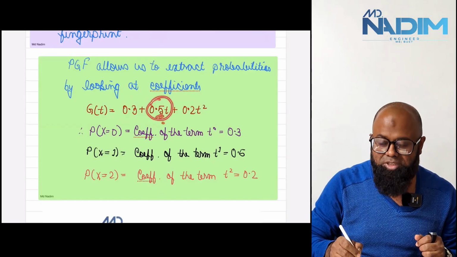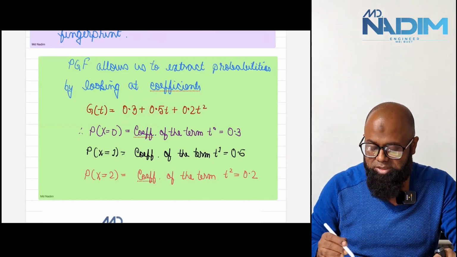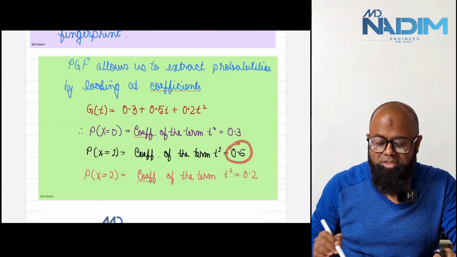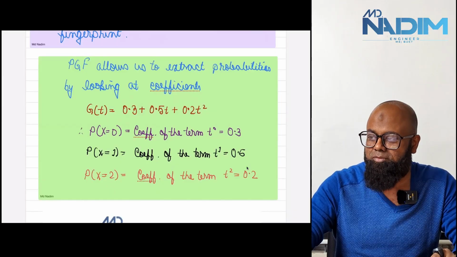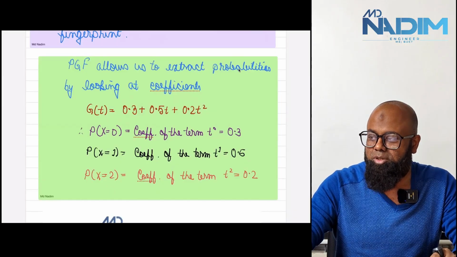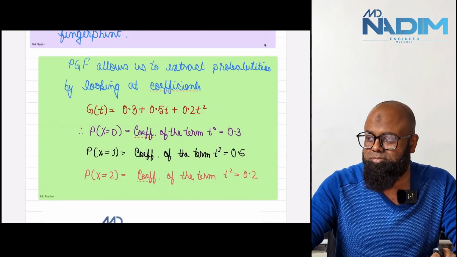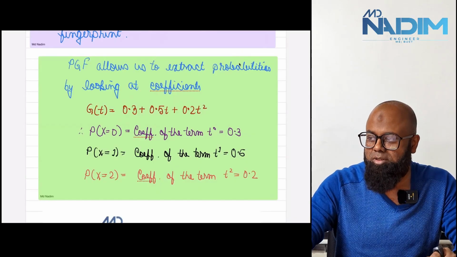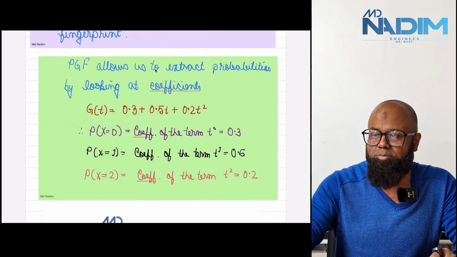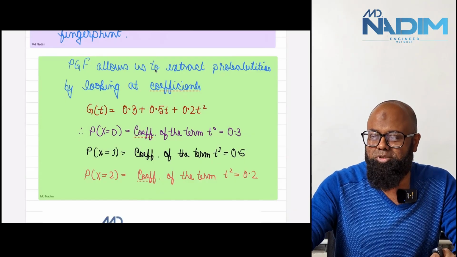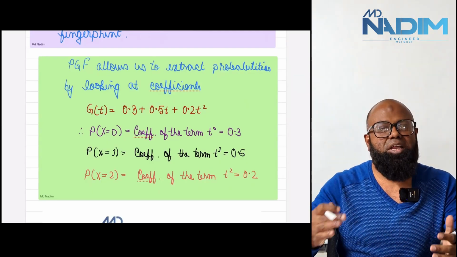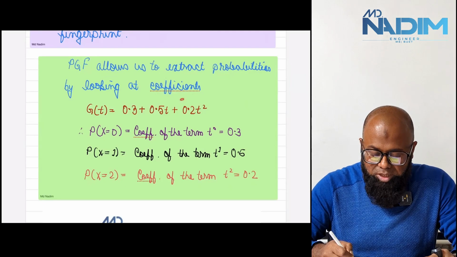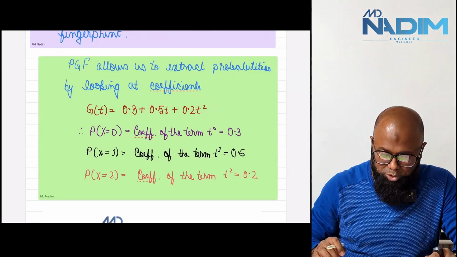The coefficient of this is the probability of x equal to 1, that means 0.5. For the probability of x equal to 2, you have to look at the coefficient of the t squared term, that is 0.2.